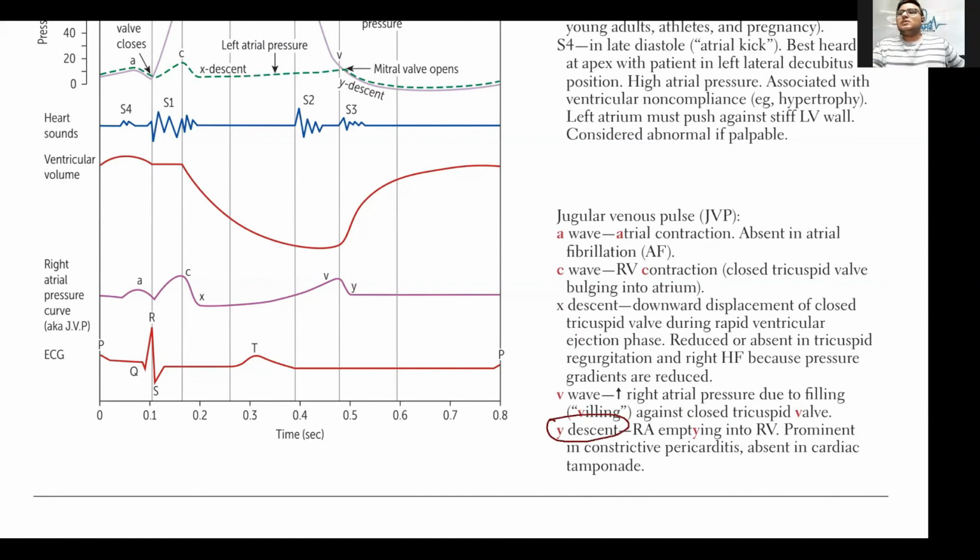Y descent occurs when the right atrium is emptying the blood into the right ventricle. Y descent can be prominent or sometimes absent. Absent in which disease?